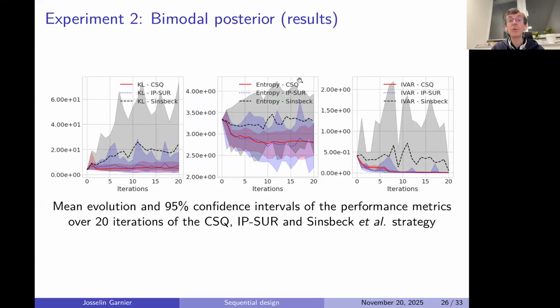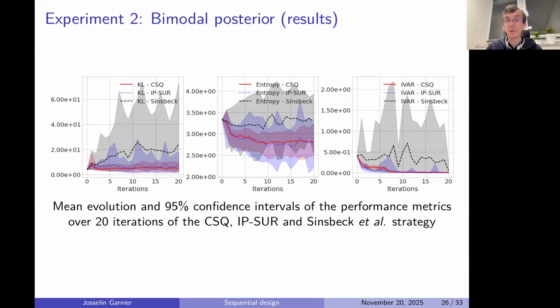You see CSQ well calibrated and IPSure are almost equivalent here, but the Bayes-risk minimization really fails. In fact, this is something that we have observed when you have to sample a multimodal posterior density: the Bayes-risk minimization may really focus on one mode and forget the other one. And so at the end, it's completely wrong. This is something that we have observed.